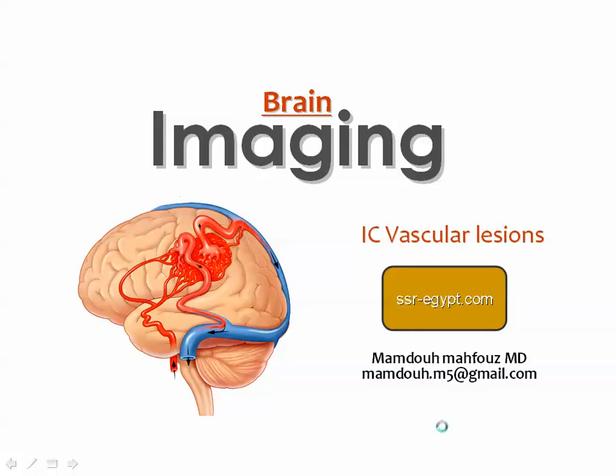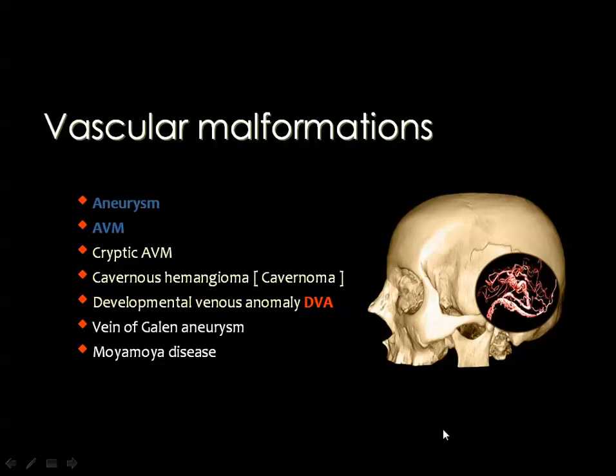Actually, we will handle these specific topics, including the imaging of aneurysms, arteriovenous malformations, cryptic arteriovenous malformation, the imaging of cavernous hemangiomas or cavernomas, the diagnosis of developmental venous anomalies, and the diagnosis of the aneurysm of the vein of Galen, and finally we will discuss moyamoya disease.